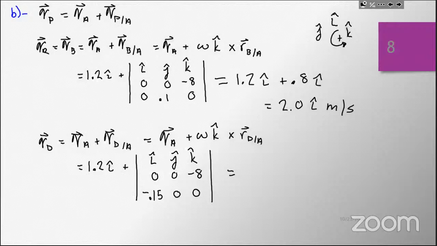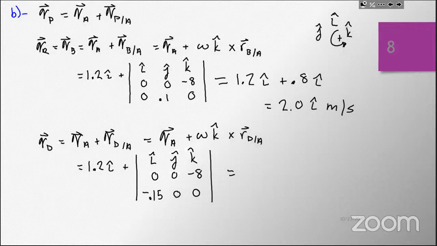Using my corners, what do I get? Negative 1.2 here, 0 minus 1.2.